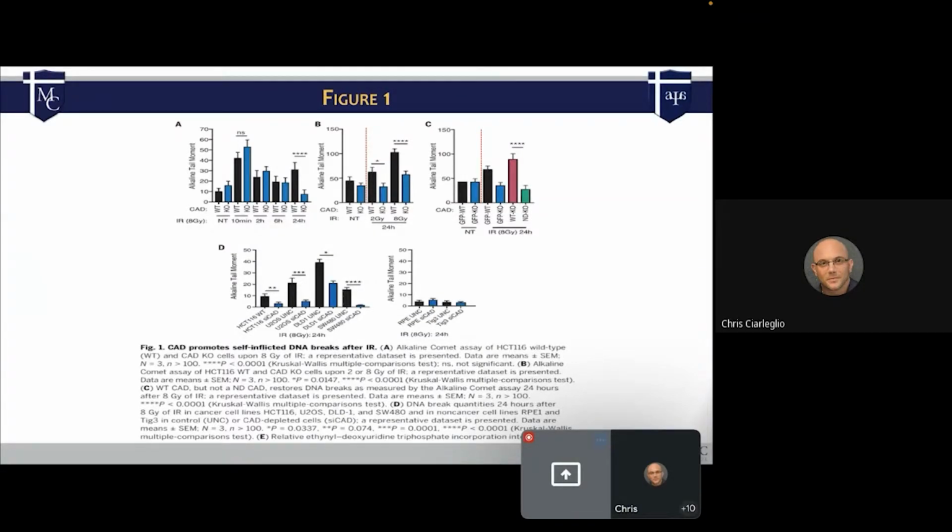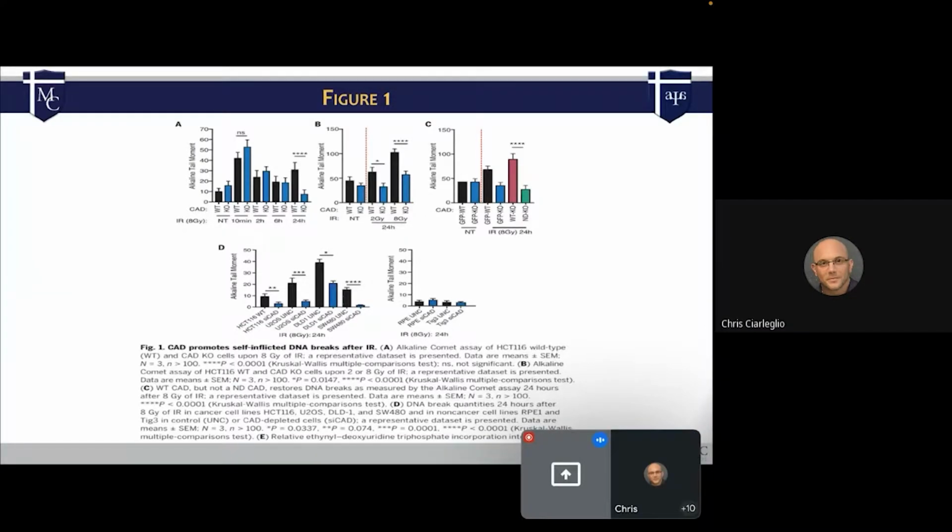So the alkaline tail moment measures how many lesions there are. And then there are also intervals: 10 minutes, 2 hours, 6 hours, 24 hours. So it just shows how many lesions are made during those intervals, if that makes sense.